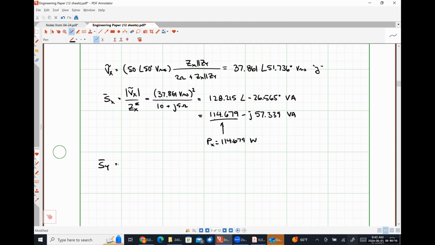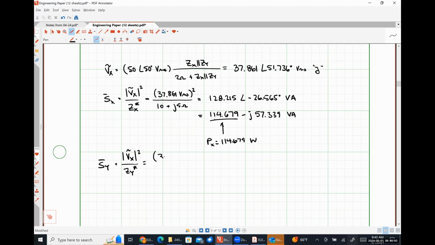We can find the complex power absorbed by impedance ZY using the exact same method. Oh, sorry, that should have been a squared there. So that's going to be the magnitude of Vx squared divided by ZY conjugate. We're putting Vx here because Vx is the same voltage as Vy.